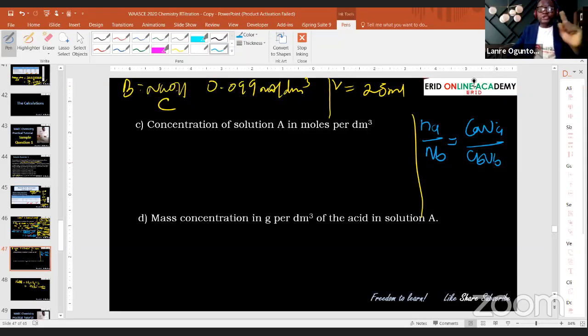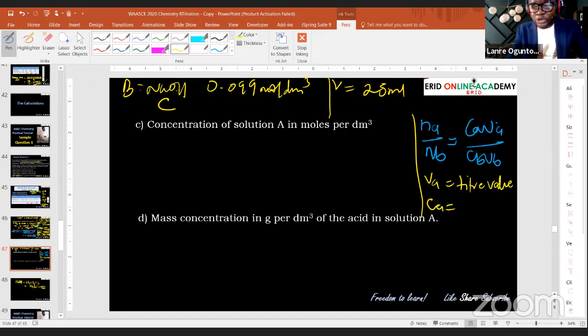Ca means concentration of acid. Va means volume of acid used, and that Va is your titer value. I'm saying that again: your Va is your titer value, which is the volume of acid used.